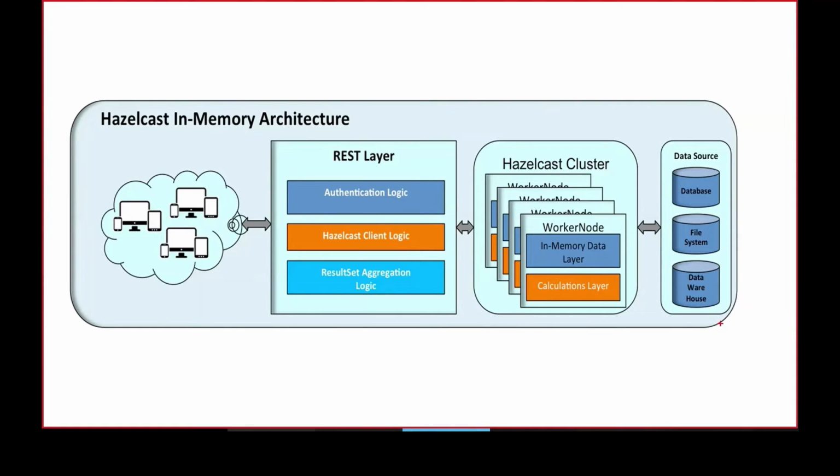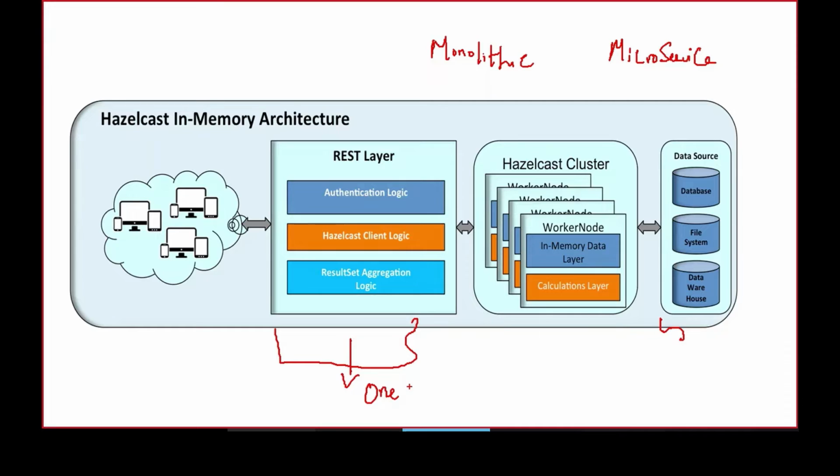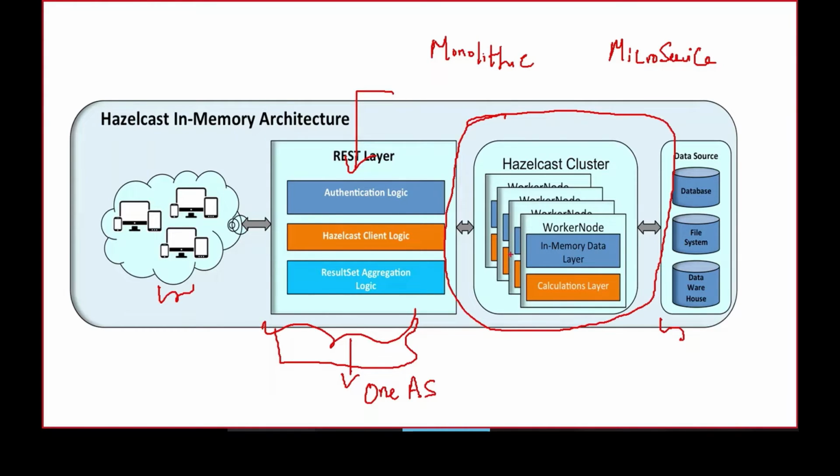So one more depiction of the same stuff. If you are deploying, to be precise, this is a monolithic deployment. You must know the difference between monolithic and microservice architecture. Monolithic is deploying your application in one area, one application server. Your entire code might have been deployed as a single unit. This is a client-server architecture, which depends upon this cluster to deal with cache needs.